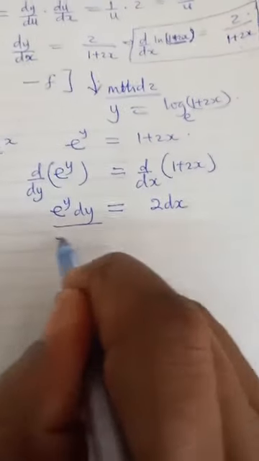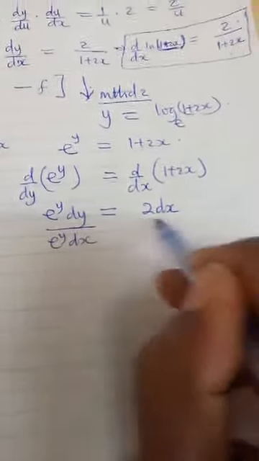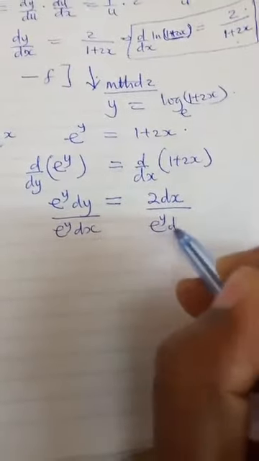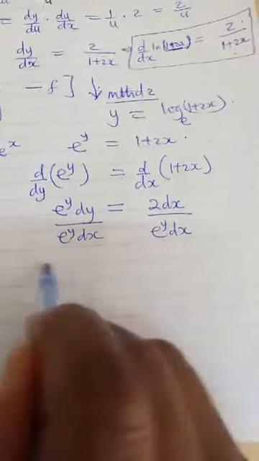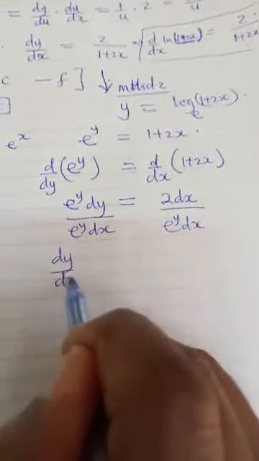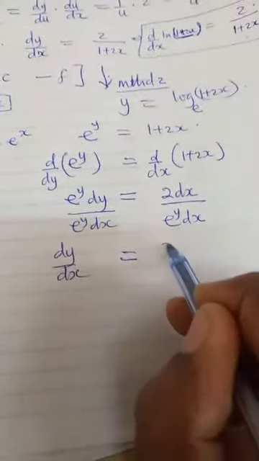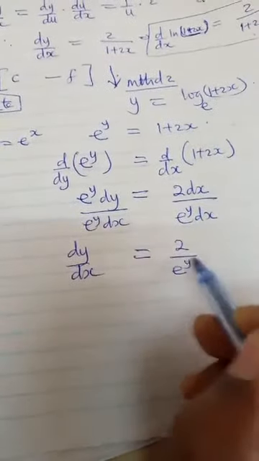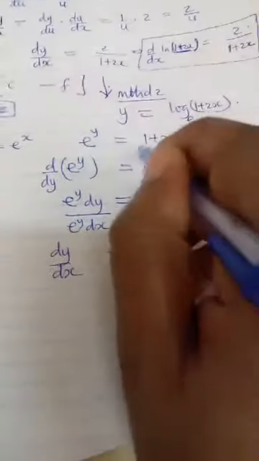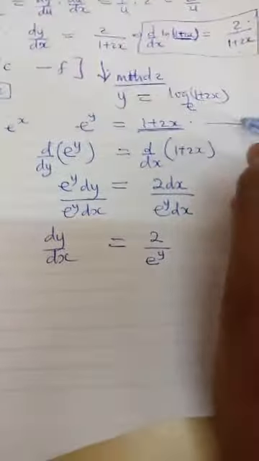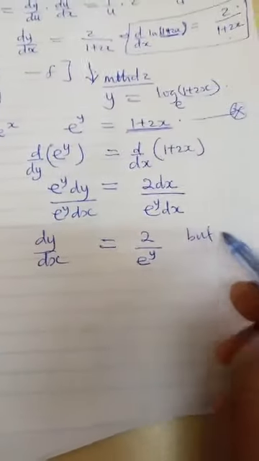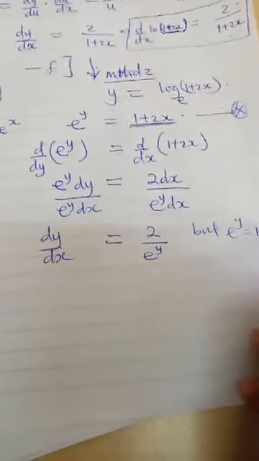So divide by e to the y dx on both sides. And we shall get that dy by dx is actually 2 over e to the y. But what is e to the y? But e to the y is known as 1 plus 2x.